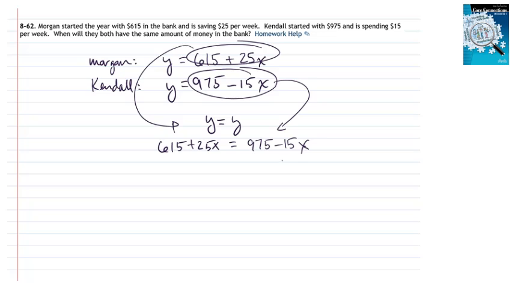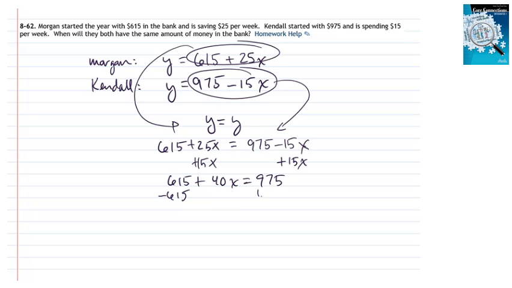I'm going to begin by adding 15x to both sides. Lots of ways you could do this, but I'm going to do that. So that gives me 615 plus 40x is equal to $975. Now I'm going to take away 615 from both sides, right?